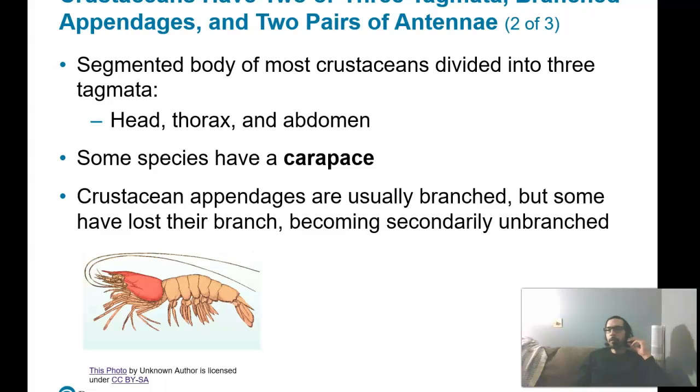And what you see in crustaceans is that they have appendages that are usually branched. However, you do see some cases where they lose that branching.